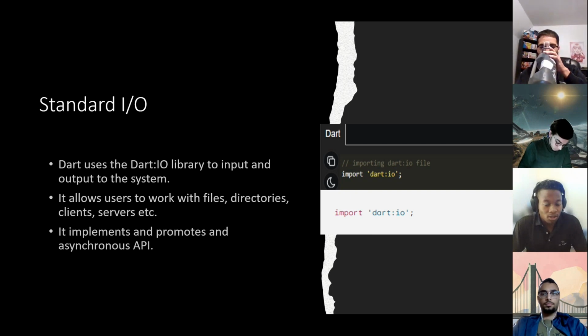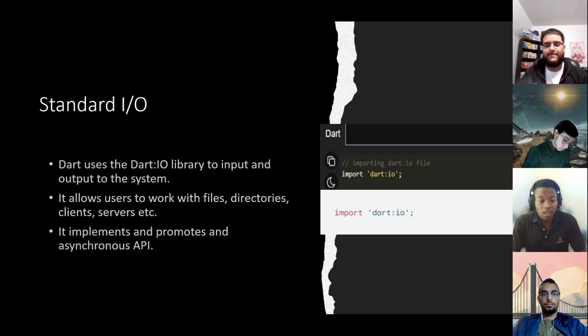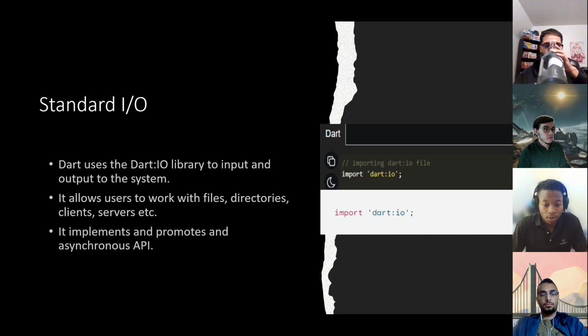We are going to talk about the Dart standard input-output system and how that is integrated into the programming language. So first, in order to even use the Dart input output system, you need to import it using the dart:io library command.